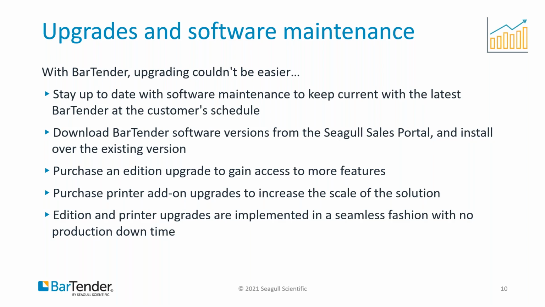As we release new versions, the customer can simply download from the Siegel Sales Portal and install the new version. Because the license is covered by software maintenance, it will be allowed, and the software will activate without any additional upgrades needing to be done.